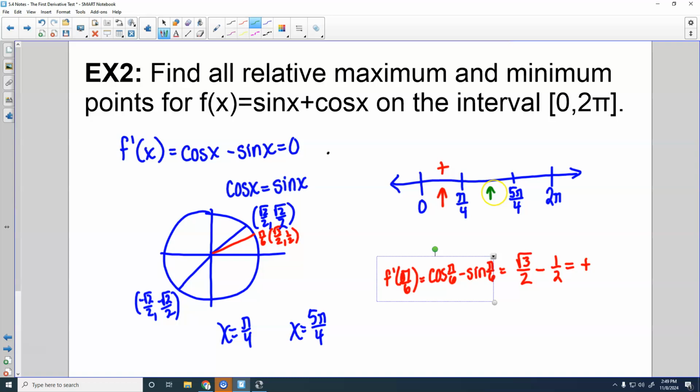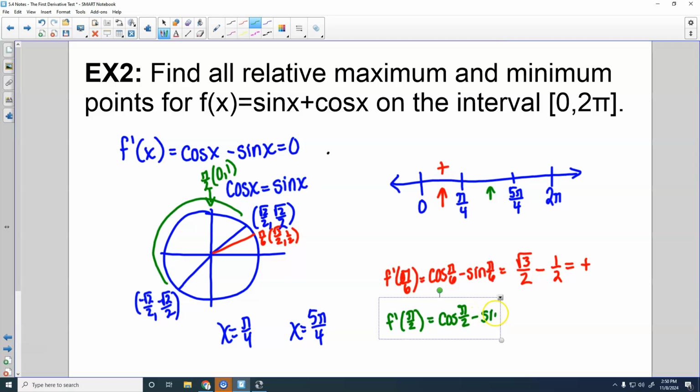Then you're going to pick a value somewhere between pi over 4 and 5 pi over 4. And if you think about the unit circle, that's anywhere right here. I would pick one of the 90-degree angle sort of ones, like pi over 2. At pi over 2, we've got the point 0, 1. So if we do f prime of pi over 2, we will get cosine of pi over 2 minus sine of pi over 2.